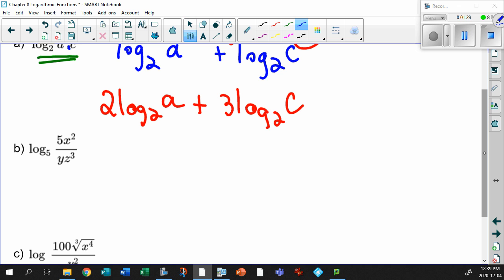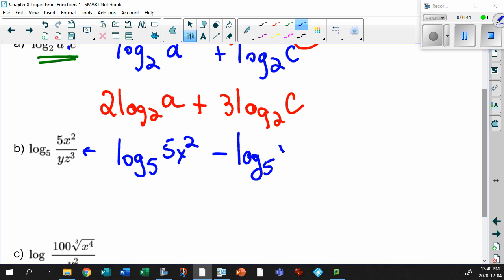Check this one out. Oh, I see a division. So you know what that means. That's going to be log base 5 of 5x squared, and now you're going to subtract, giving you log base 5 of yz cubed. Now, how are we going to expand this out? Actually, pretty simple.